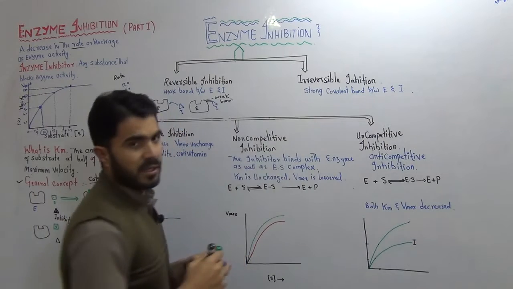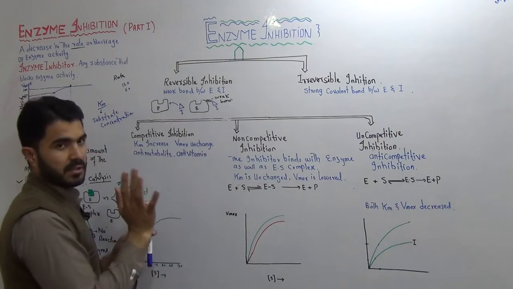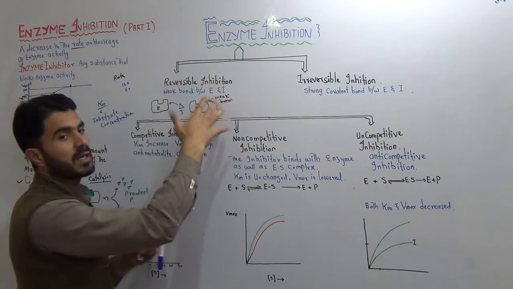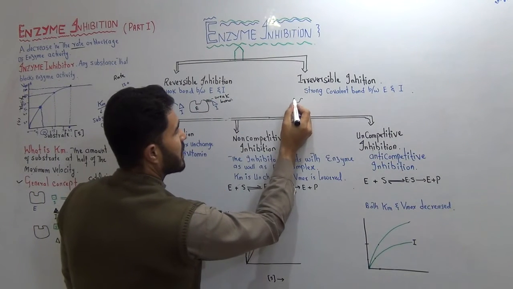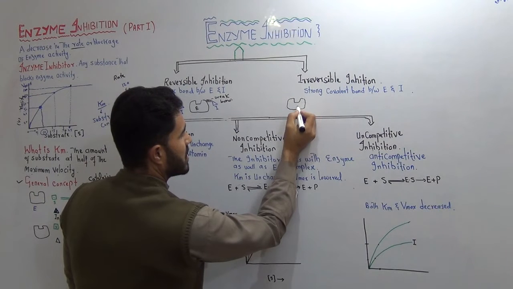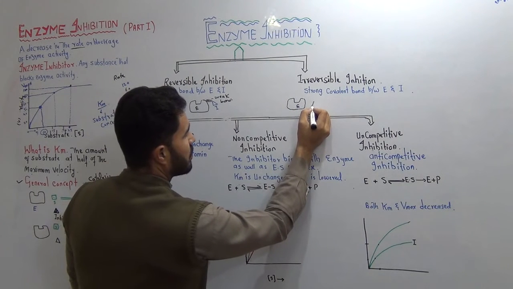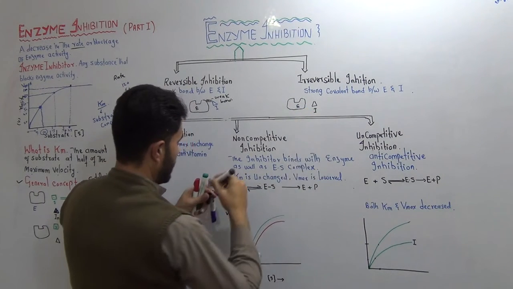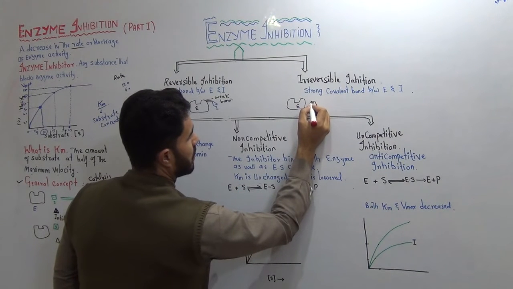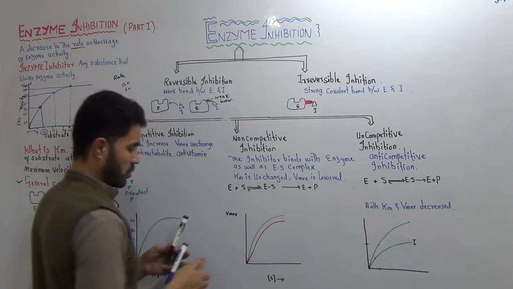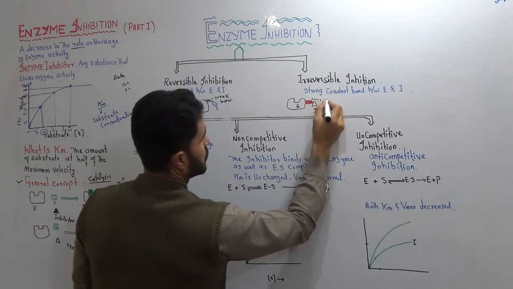In irreversible inhibition, you can take the reverse of this. Just replace the word weak with strong. So in this case, we will have our enzyme. The inhibitor will of course be there, but this time there will be a strong covalent bond.